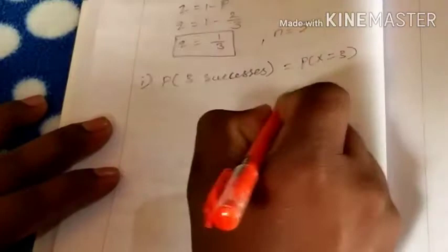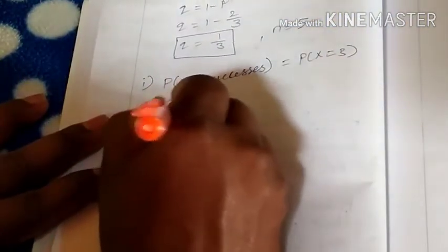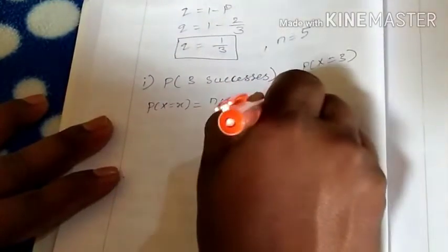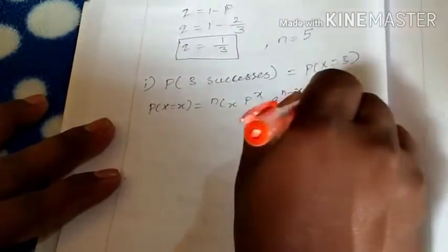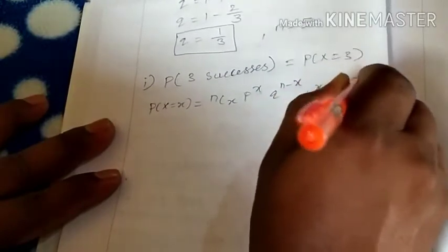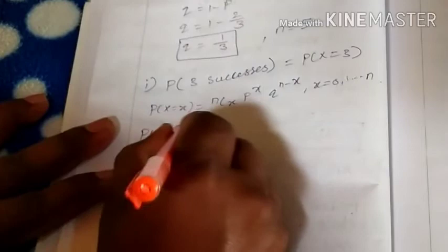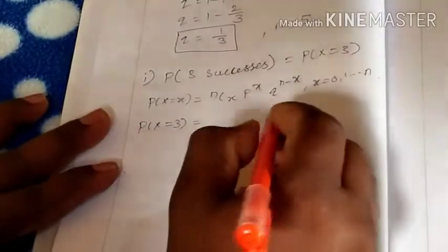So this means exactly 3. Then using the binomial distribution, P of x is equal to nCx p power x q power n minus x, x is equal to 0, 1 and so on up to n. So now replacing x is equal to 3, because we only want to find 3 successes.